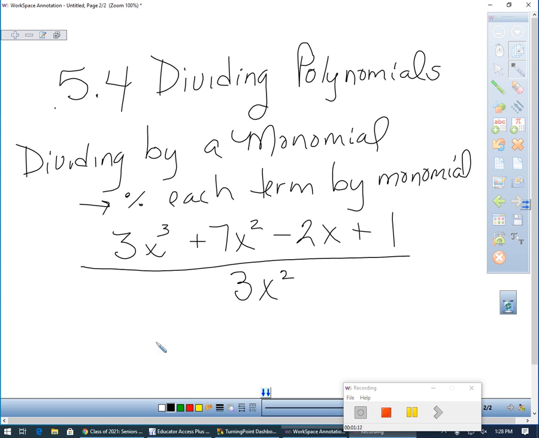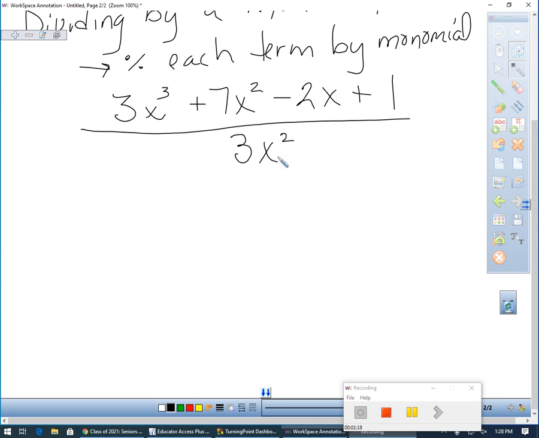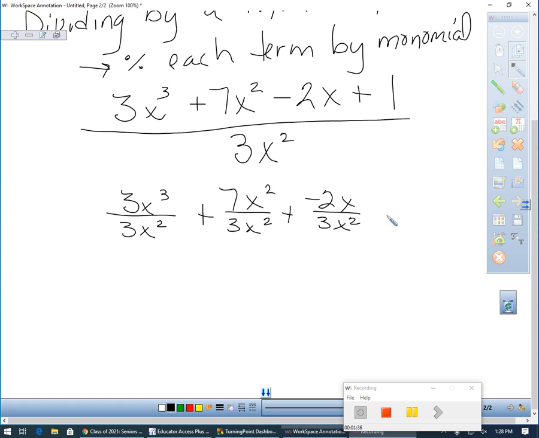Because we have a single monomial in the denominator, we can put 3x squared underneath each term and simplify. So I would write 3x to the third divided by 3x squared plus 7x squared divided by 3x squared plus negative 2x divided by 3x squared plus 1 divided by 3x squared.